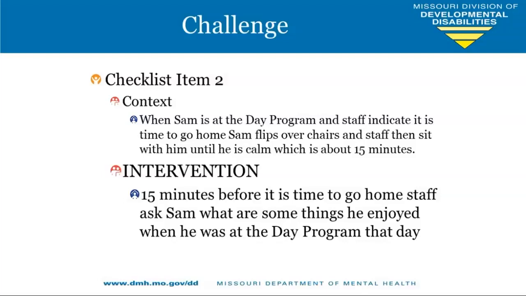And based on the information and the intervention that's outlined in this example and this challenge question, it's attention. So that is why the intervention allows for the staff to have some discussion with him 15 minutes prior to him leaving as a method to prevent him from seeking attention in an unsafe way.